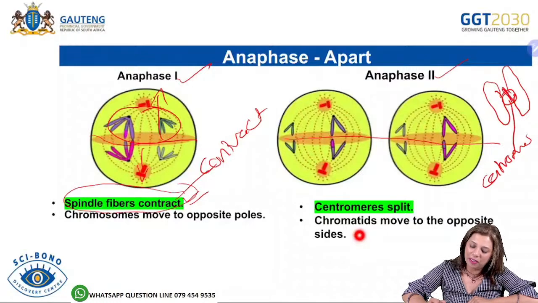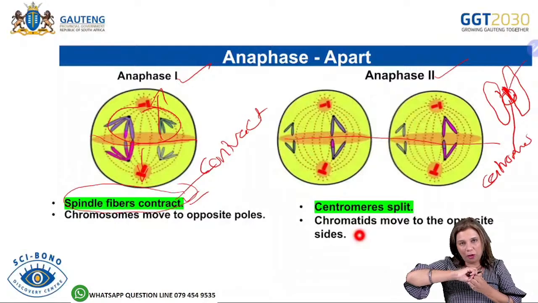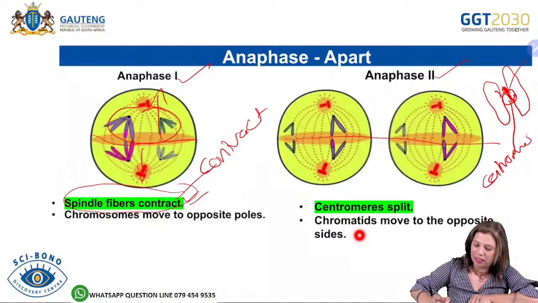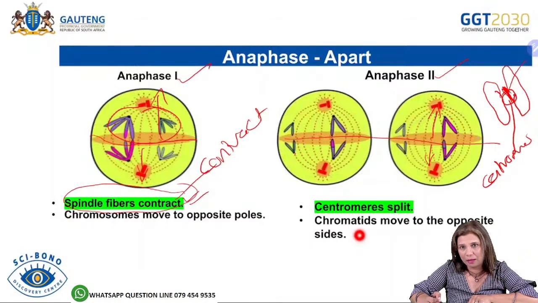The centromere splits in the center, and the chromatids move to opposite ends of the pole. Can you see that? This chromatid is moving here, and this one is moving there. So you can see you have two gray on this side and two purple on this side, and it's halved. If you look at the diagram, you can see that it's halved.